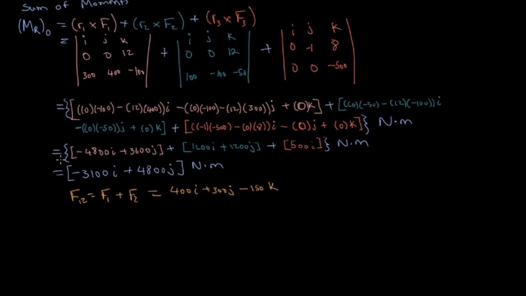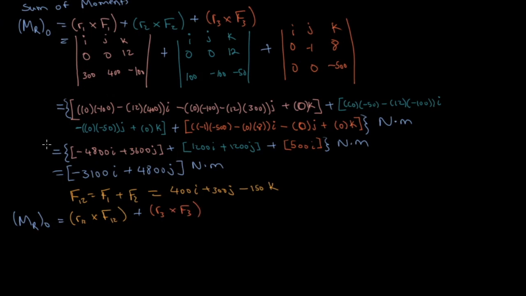So we'll scroll down and we'll write this. The sum of moments about the origin is equal to R12 cross F12 plus R3 cross F3, like that.